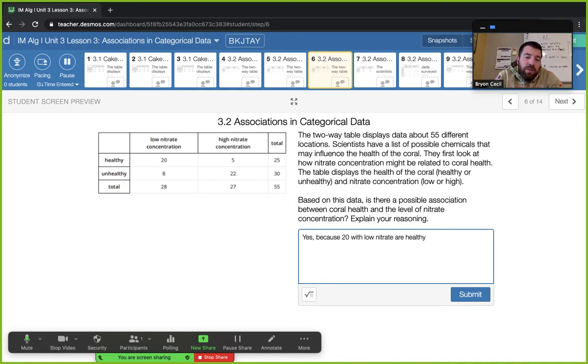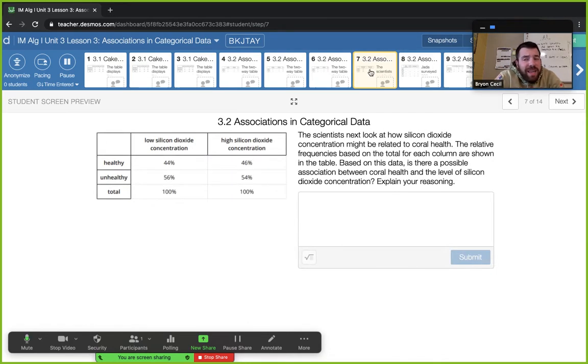And then with the unhealthy, you're looking at a little over 70% are unhealthy, as 22 out of 30 are unhealthy when there is a high nitrate concentration. So basically, you're just looking at it and asking, is there a relationship between these? And you should be able to see.